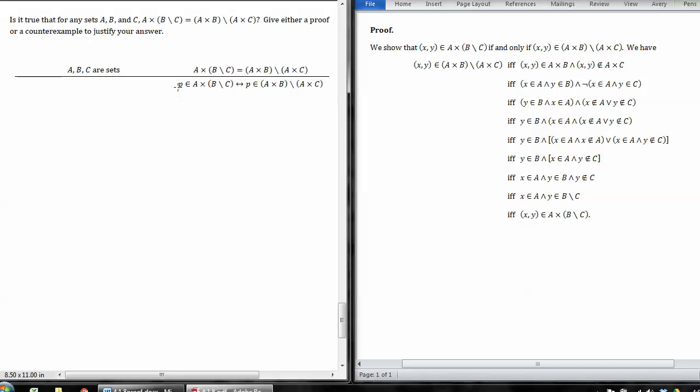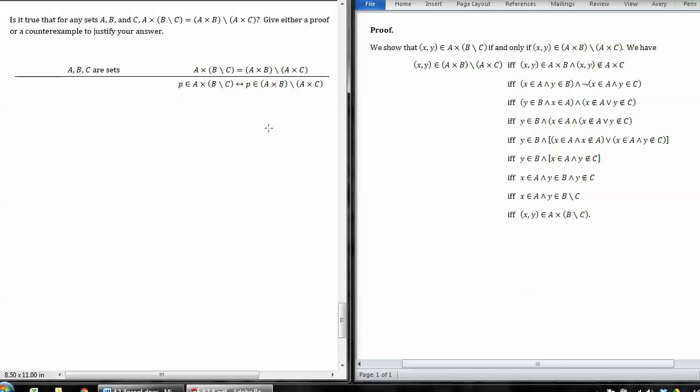In fact, I'm not even going to use p. I'm just going to go ahead and write an ordered pair (x, y), because we know if something's an element of a Cartesian product, it's going to be an ordered pair. Okay, so there I'm going to miss out on some quantifiers that way, which will make my proof a little bit simpler and easier to read. So those are some stylistic decisions that I'm making.